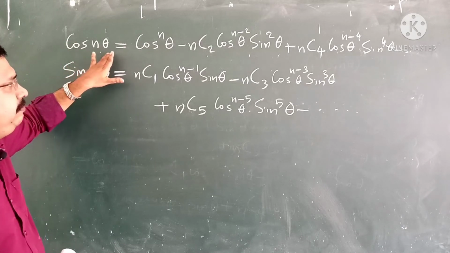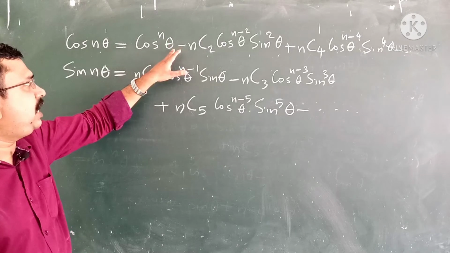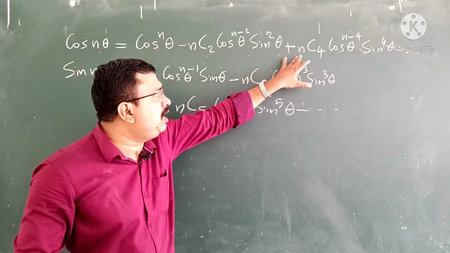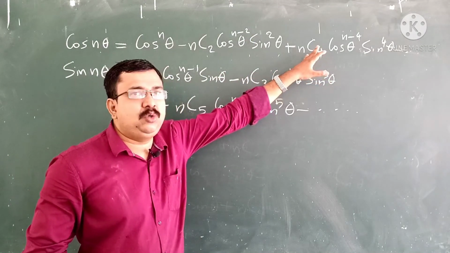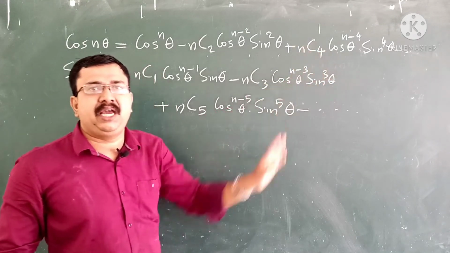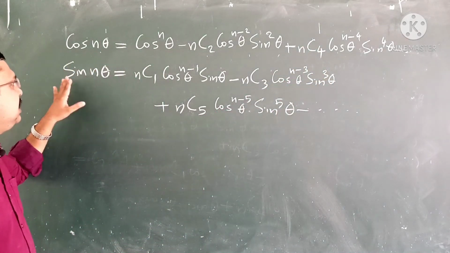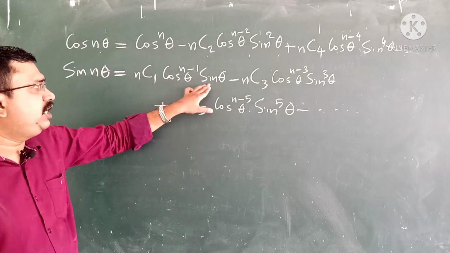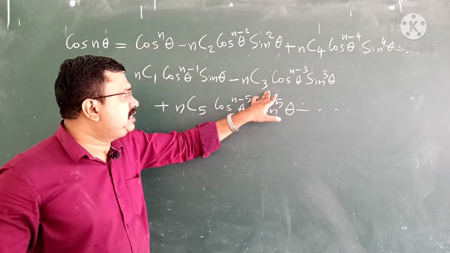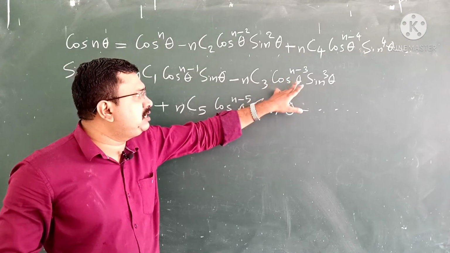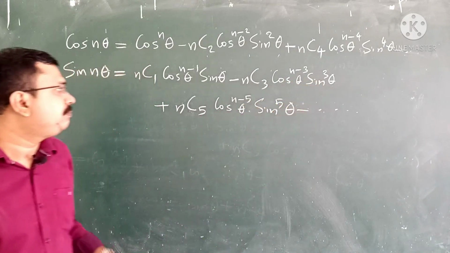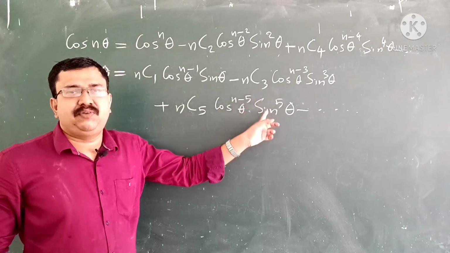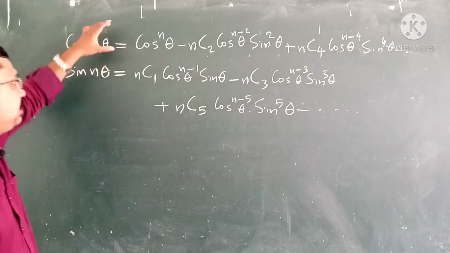Therefore cos nθ can be written as cos^n θ minus nC2 cos^(n-2) θ sin²θ plus nC4 cos^(n-4) θ sin⁴θ etc. And the imaginary part is sin nθ equal to nC1 cos^(n-1) θ sin θ minus nC3 cos^(n-3) θ sin³θ plus nC5 cos^(n-5) θ sin⁵θ minus etc. Okay, these are the two sections.